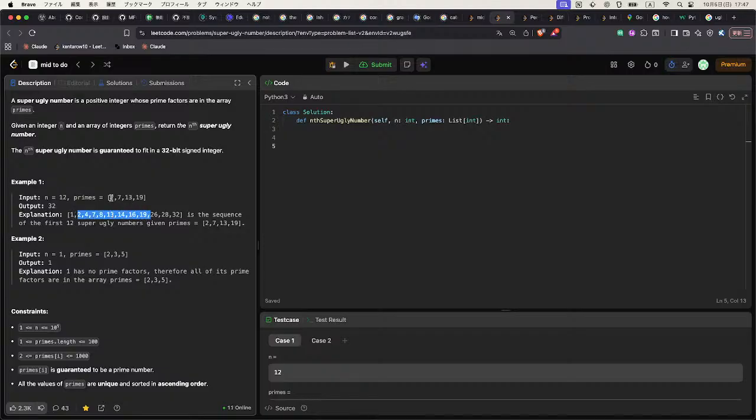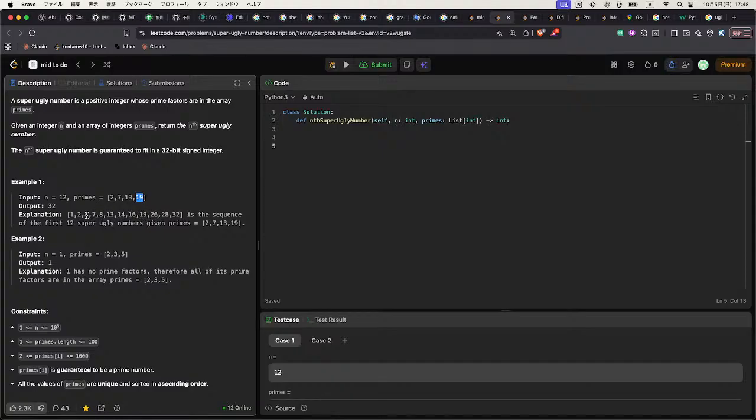And yeah, between them the minimum number is 2, so we can append 2, and after that, since the 2 is appended to the super ugly numbers, we have also new candidates regarding 2s, because 7, 13, and 19 are still not used.